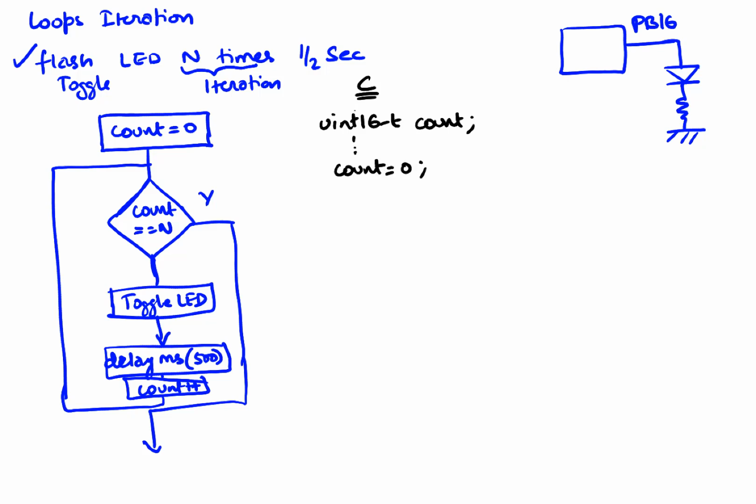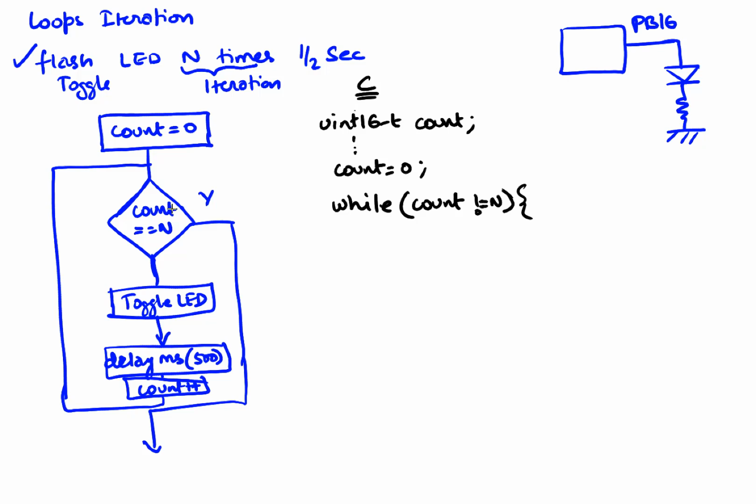That's my step. And then I'm going to write a while statement that says while count is not equal to n, I'm going to do the work that needs to be done.